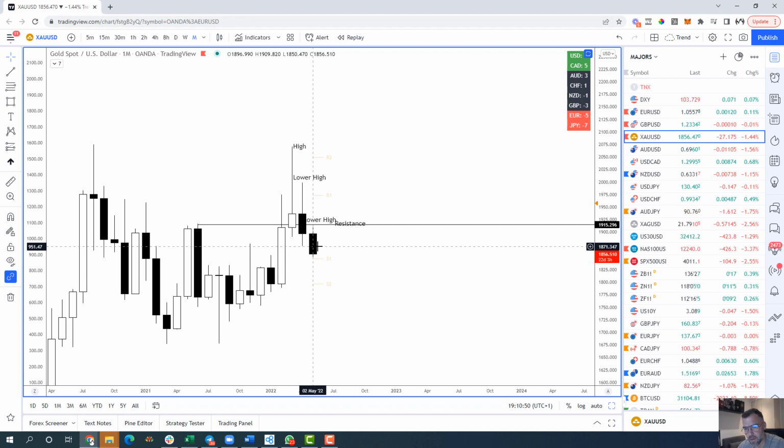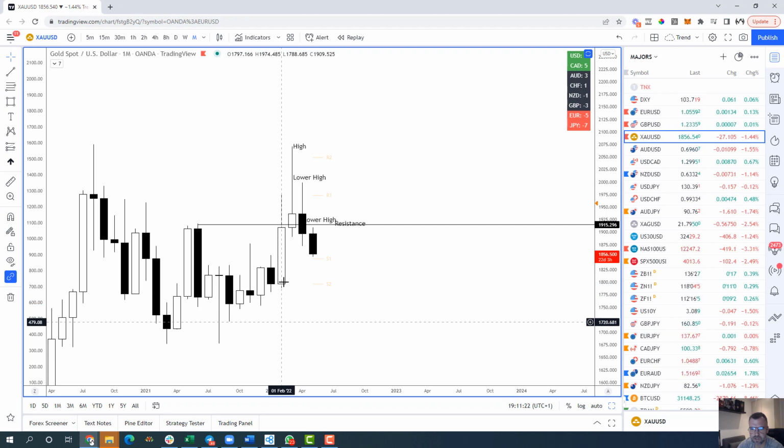So we need to find a base for indexes or equities, I think, before we start going to see some relief rallies, not just in the index and equities, but before we get a bit of an appetite back for gold. So we are seeing gold selling off in relation to a stronger dollar, indexes selling off, and margin calls, etc. So expecting more downside, I would forecast that we're going to come down towards 1800, which is this big bullish candle here, and then potentially maybe even as low as 1700.